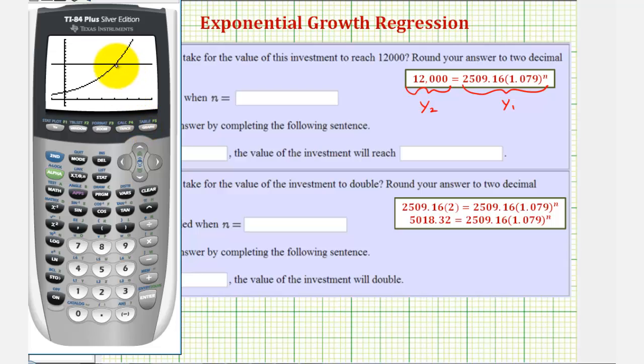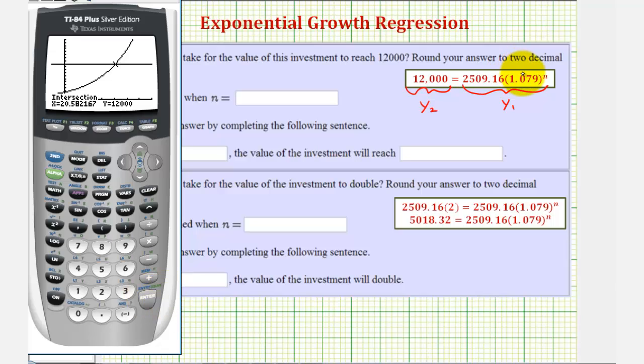So the X coordinate of this point of intersection here would be the value of n, where the function value is 12,000. To find this point of intersection, we press second trace for calculate, option 5 for intersection. Because we only have two graphs on the coordinate plane, we can simply press enter 3 times.